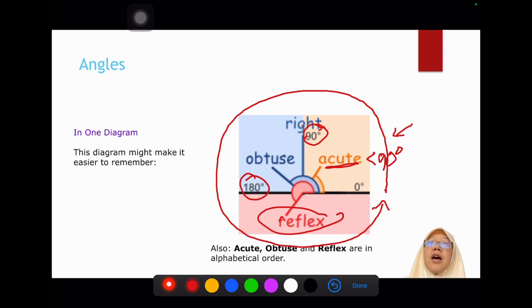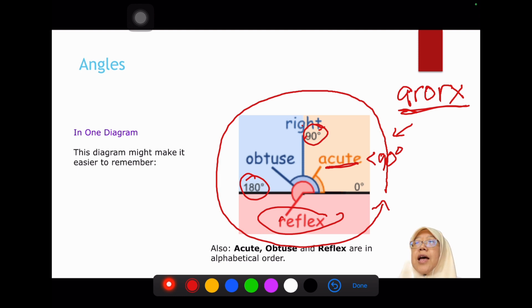So A, R, O, R, X, for example. So you can give this simple name, or you can write a silly sentence so that your students can remember.